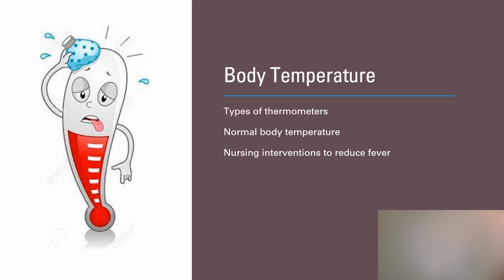Nursing interventions to reduce fever. We increase their fluid intake, lower the room temperature, increase the rate of circulating air, remove excessive clothing or bed covers, control or reduce the amount of body activity, provide a sponge bath or a cooling blanket or what we call the tepid bath where it's more of a room temperature, or administer antipyretics such as aspirin or acetaminophen.